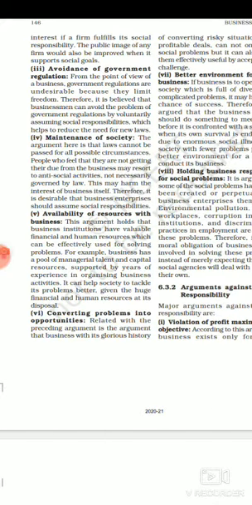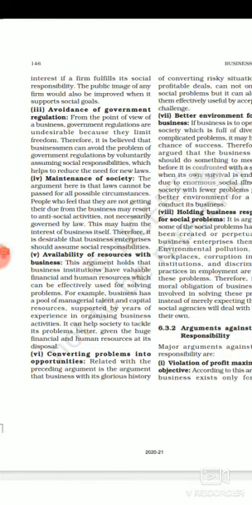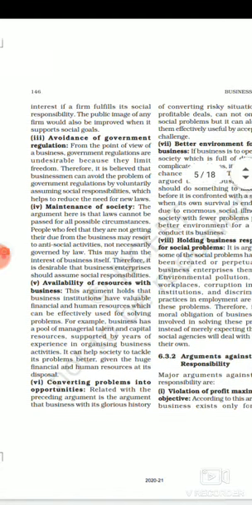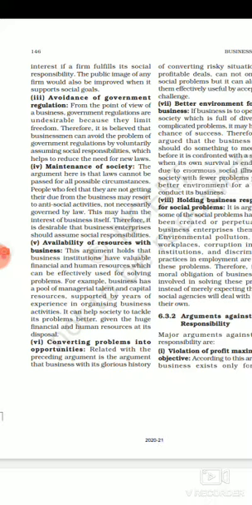Now this argument is here, the law cannot be passed for all possible circumstances. People who feel that they are not getting their dues from business may resort to anti-social activities. It basically means that if a business organization is not following the social obligations properly, and the people engaged in that firm and the people affected by that firm are facing issues, so what will happen after some time?